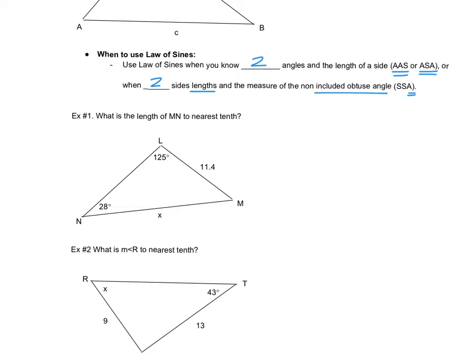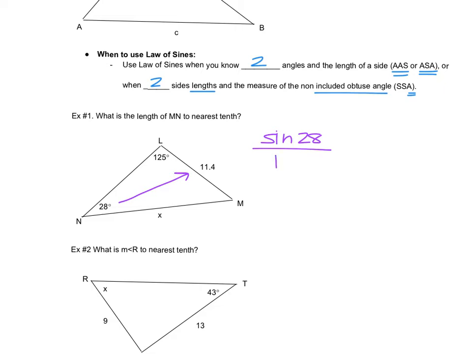Okay, so rewind here. If I'm looking at this picture, and I know the sine of an angle relates to the side across from it, if I started by saying the sine of 28, what would I put that over? 11.4, okay?